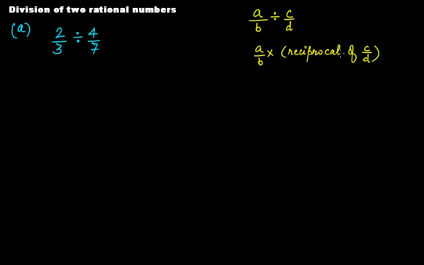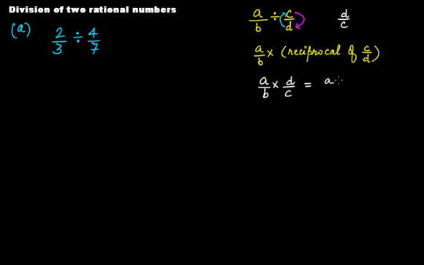Reciprocal of c over d means that you take this numerator and place it at the place of the denominator, and you take this denominator and place it at the place of the numerator. Therefore, this becomes d over c. So this is a over b times d over c.